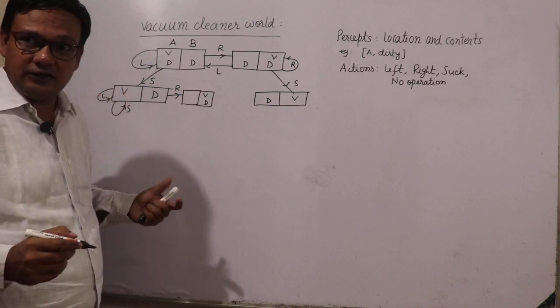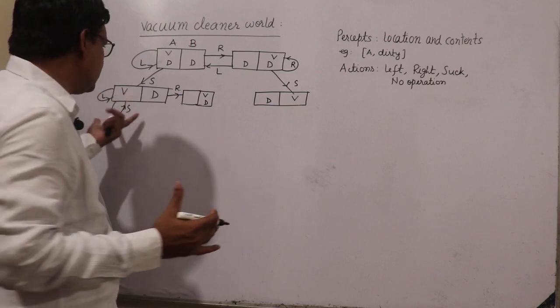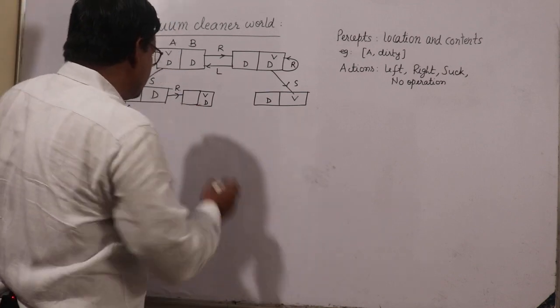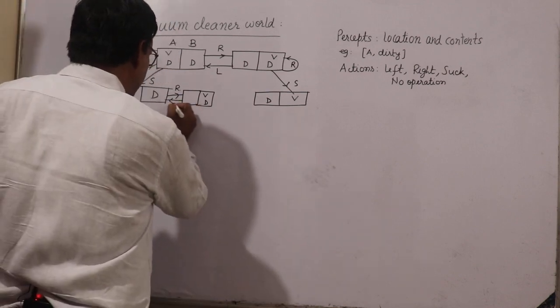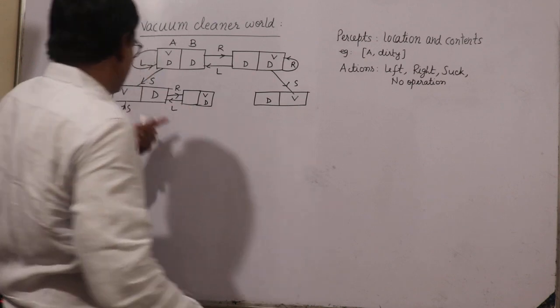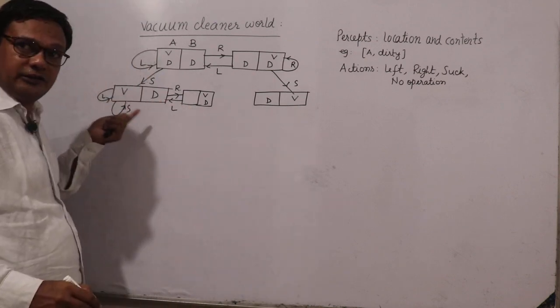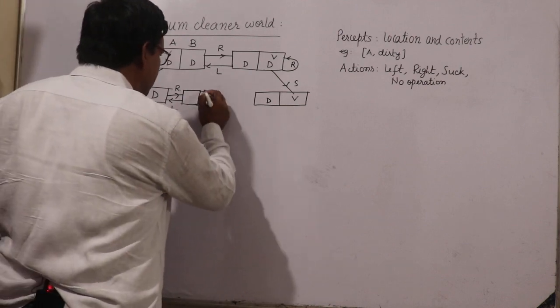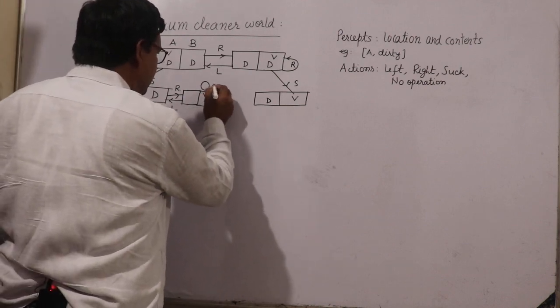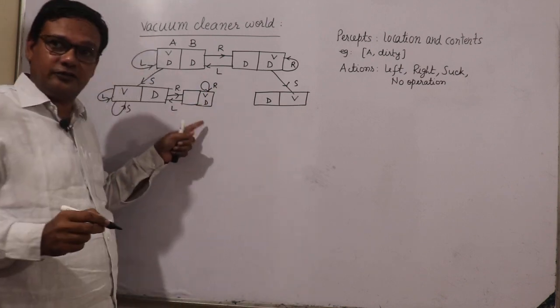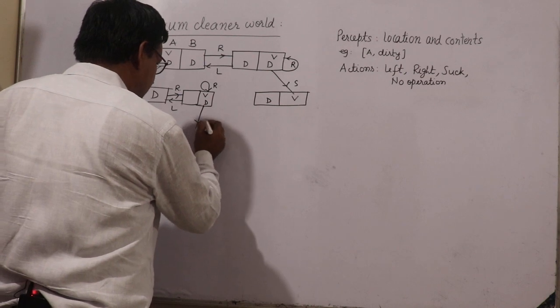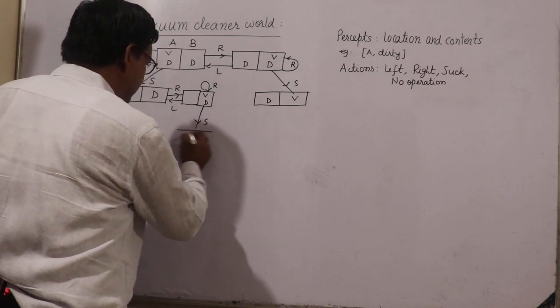If it sucks and it is clean, it will do nothing. And for this situation, if it moves in the left direction, it will come to this state, and if it moves in the right direction, it will remain in this room only. If it sucks the dust, what will happen?